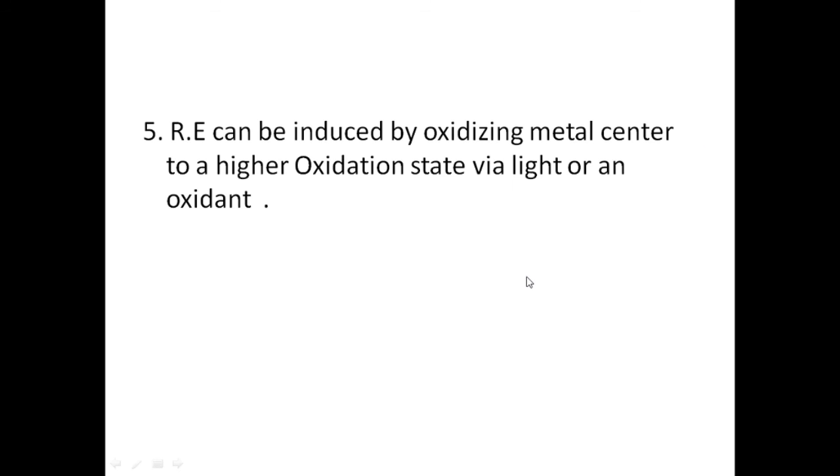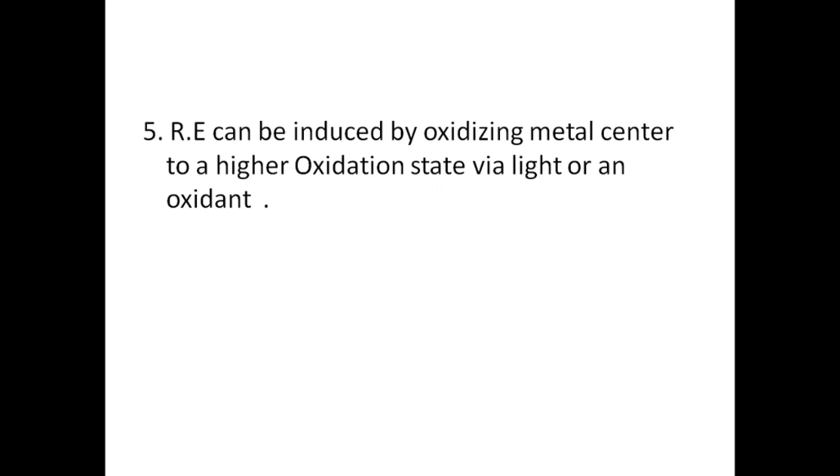Now the fifth factor: reductive elimination can be induced by oxidizing the metal center to a higher oxidation state via light or an oxidant. Okay, this is an example. What is the reason behind it?